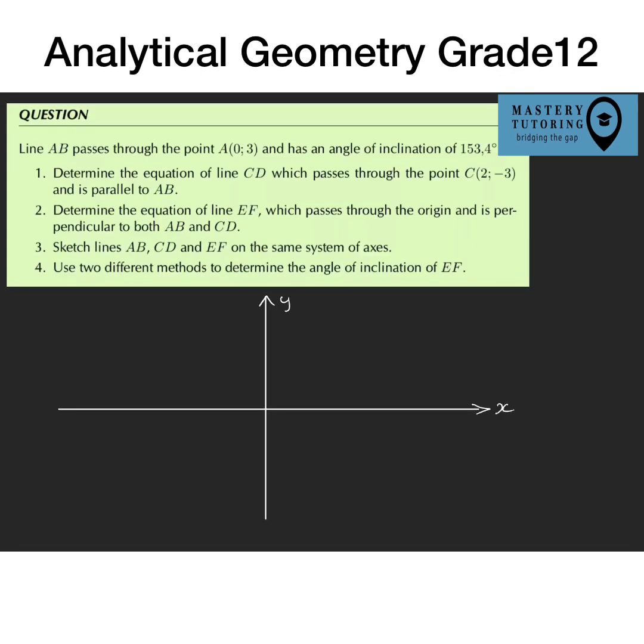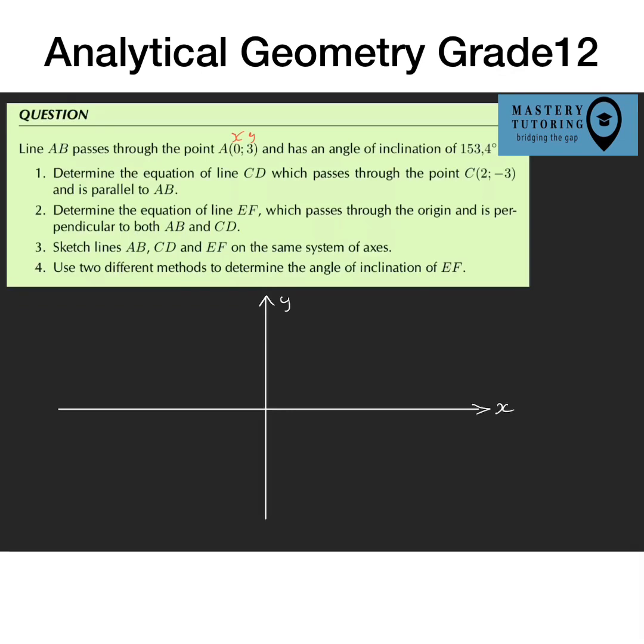Now we are given the coordinates of A, which are (0, 3). When you're given coordinates like this, one should know that the 0 is the x coordinate and the 3 is the y coordinate. So now we're going to put this in the diagram.